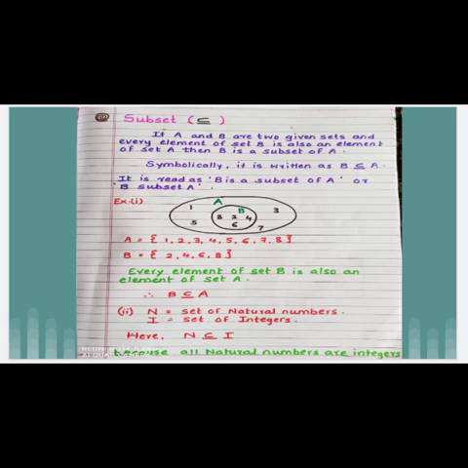First we write set A. Students, if you see here, in set A there are only 4 elements visible, but don't forget that set B is inside set A. That means set B elements are also part of set A.